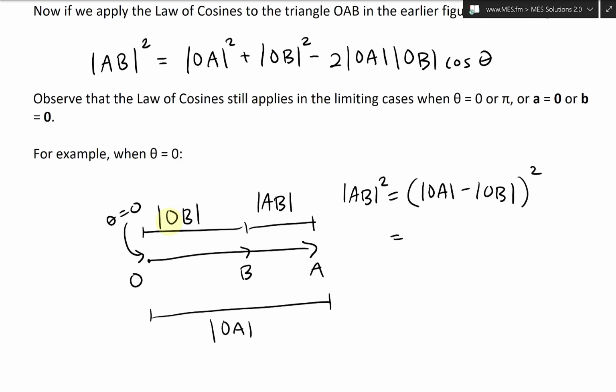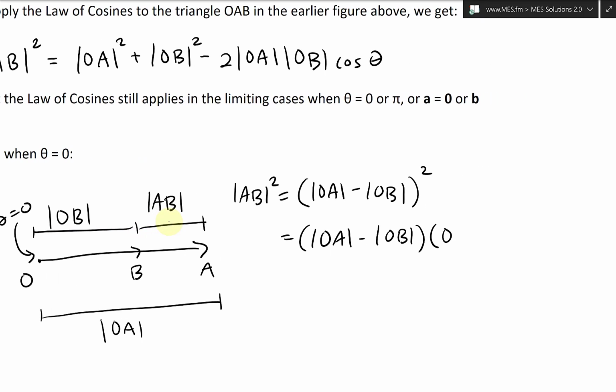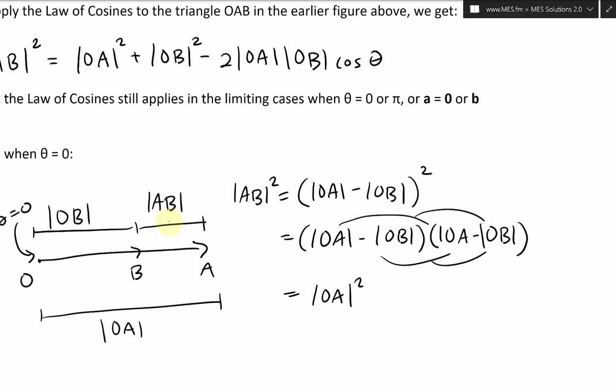Now if you FOIL this out, we'll just put this for completeness. OA absolute value, OB absolute value, and then OA minus, again, OB. Like that, and then FOIL it out. FOIL, FOIL, FOIL, FOIL. This equals OA squared.